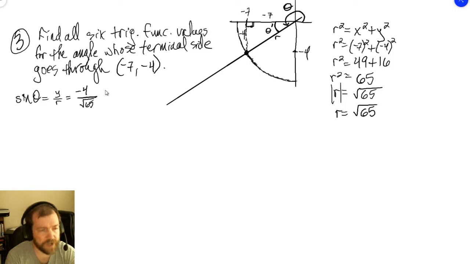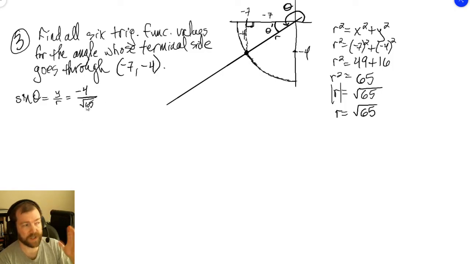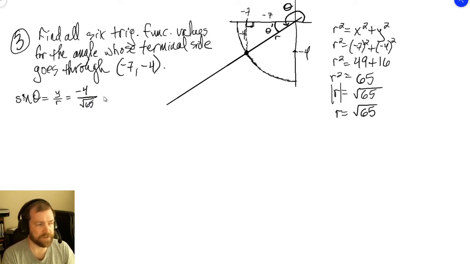And I pretty much guarantee that your teacher is not going to allow you to stop here, and you want to rationalize the denominator. I have feelings about this. Personally, I don't think it's that important, especially right now. Rationalizing the denominator was much more important before the advent of digital calculators, where you actually had to find the decimal approximations of fractions.